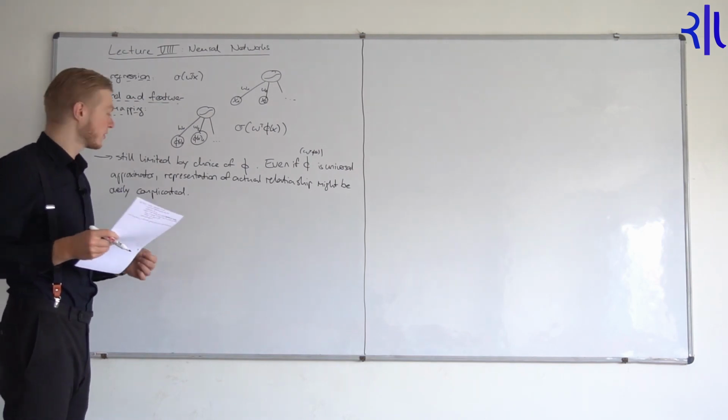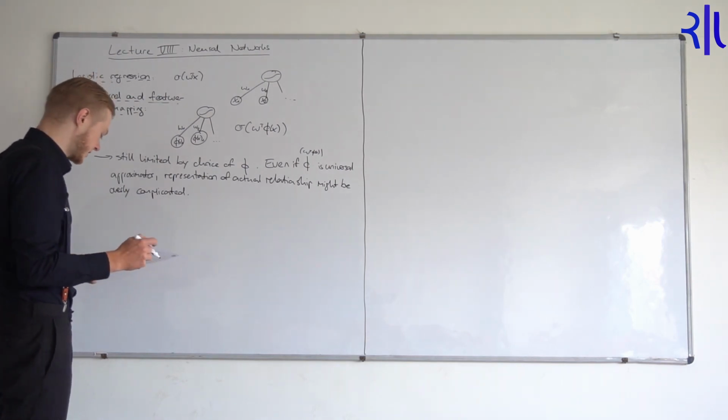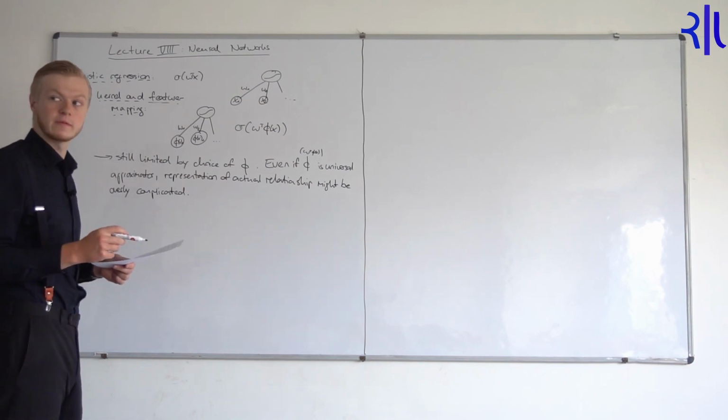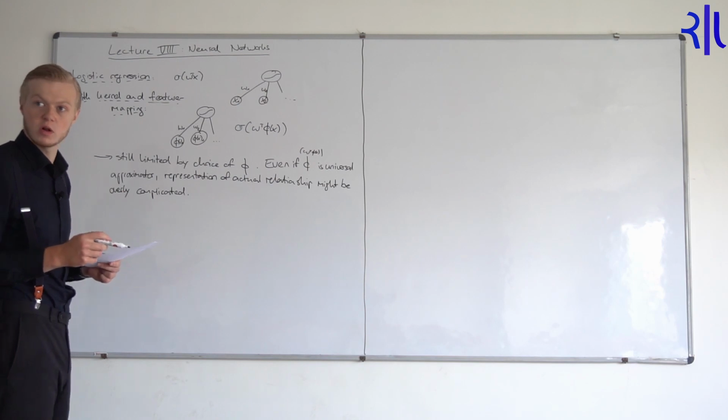So what can we do? What we can try to do now is learn the feature mapping itself and come up with a very good, very effective and small feature mapping.